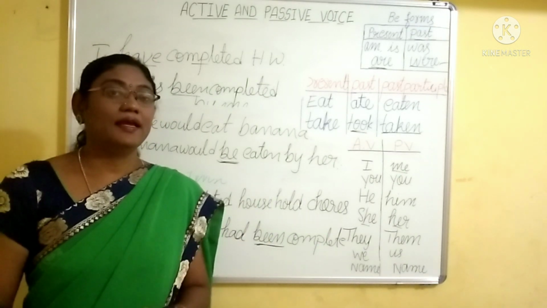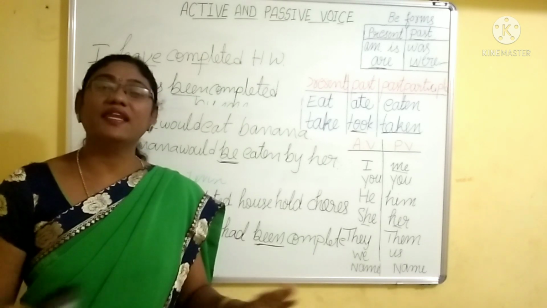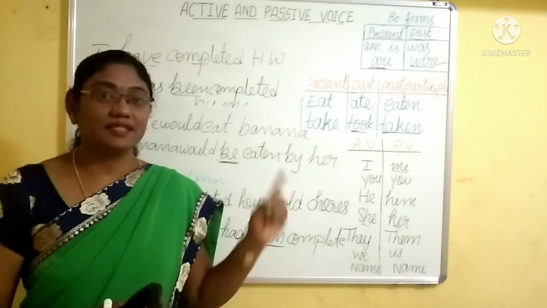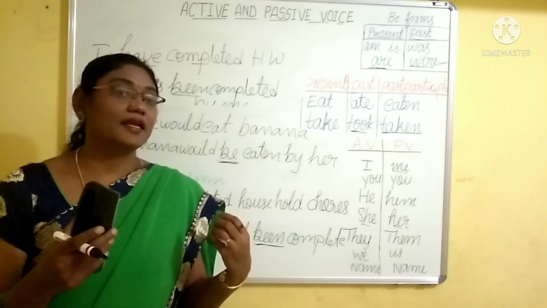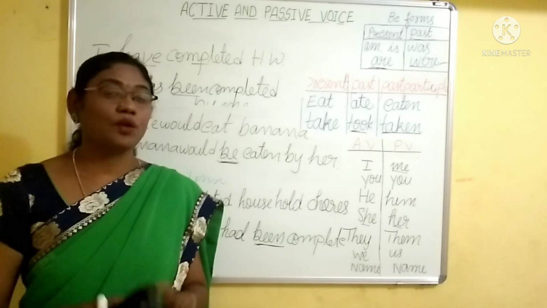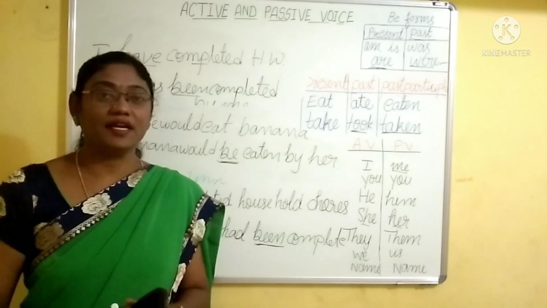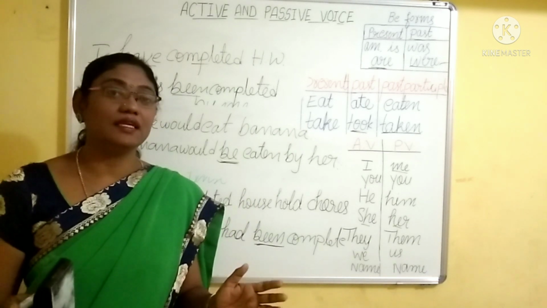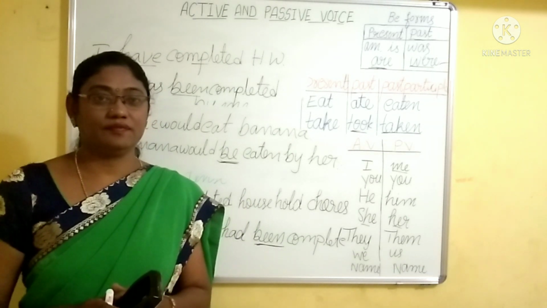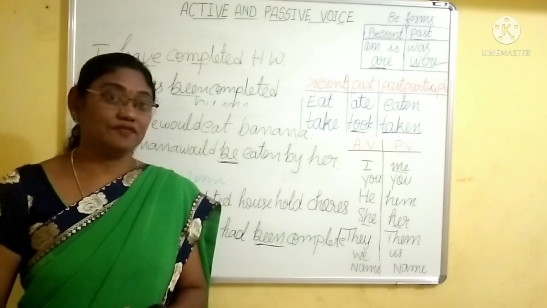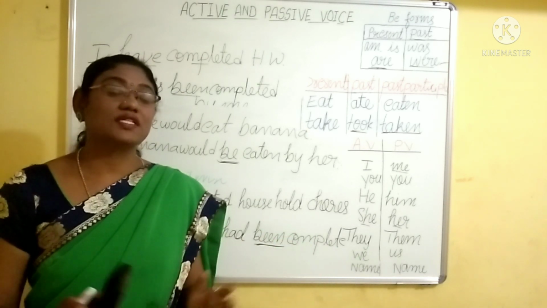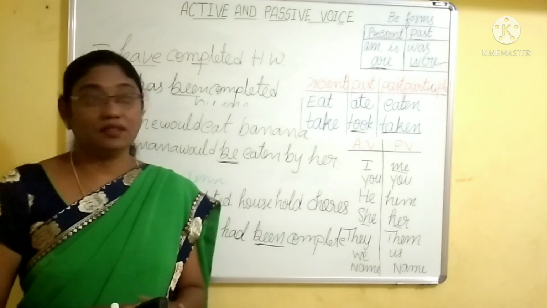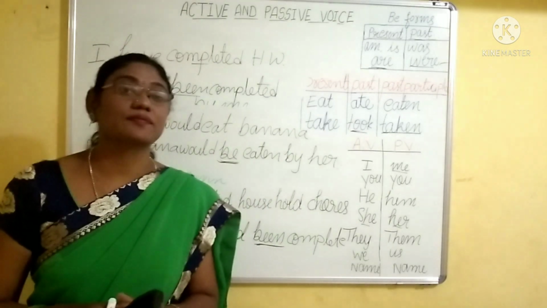In simple past, there won't be any helping verbs, and in such a situation, you have to select the be form. In past continuous, we have to add being. Don't forget. In past perfect tense, we have to add been, B-E-E-N. When there is a modal in the sentence, we just add be, B-E. So, this is all about active and passive voice.